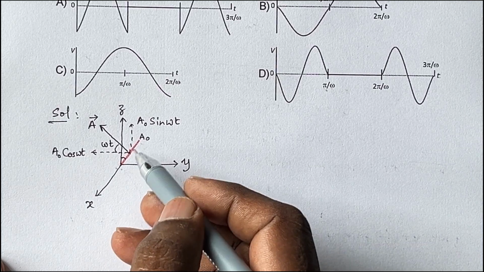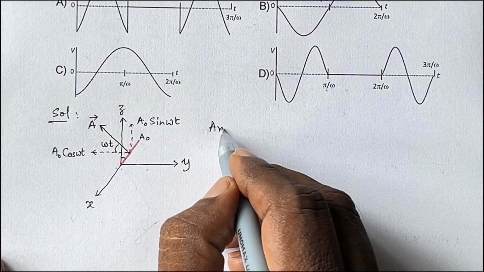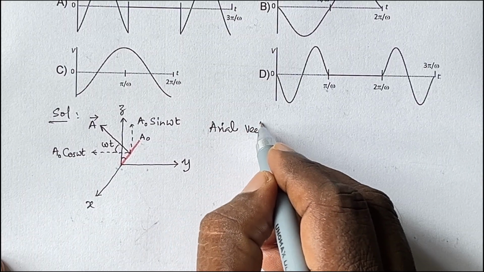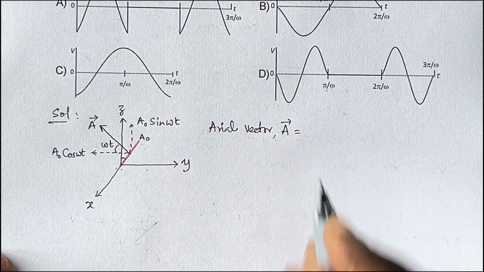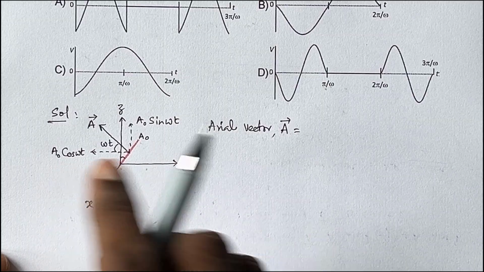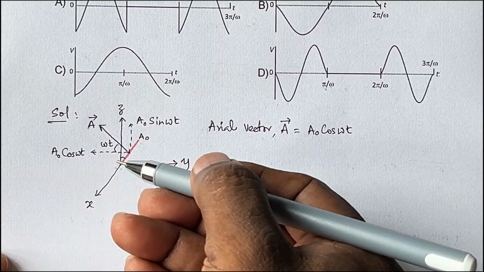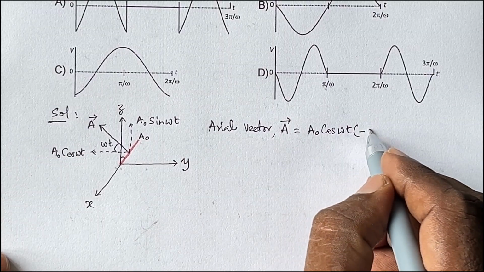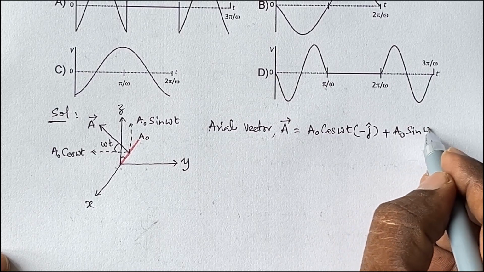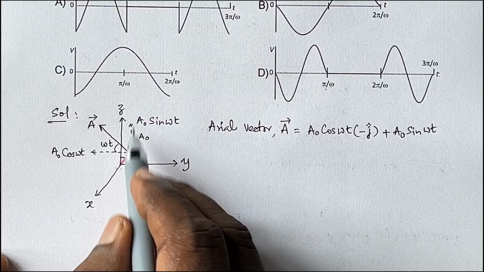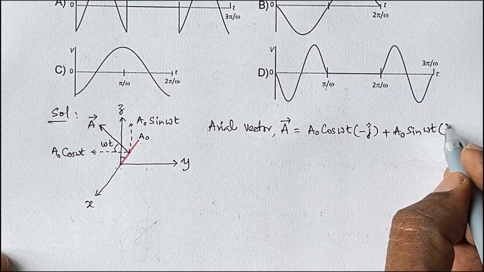The area vector is always perpendicular to the plane of the loop. So A bar is equal to, the y component is A naught cos omega t, direction along the negative y axis, so minus j cap, plus A naught sin omega t, the z component, along the positive z axis, so this is k cap.